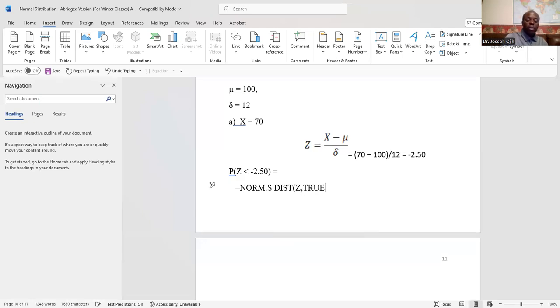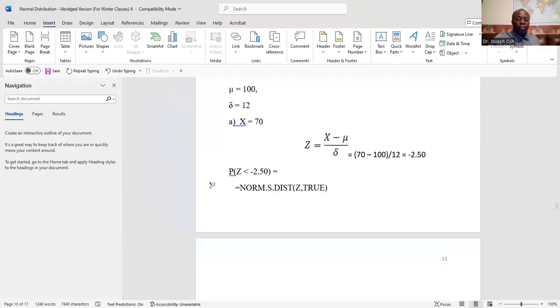That's what you're going to use. Alternatively, you can use a table, draw the chart, and use a table to figure this out. So let me write this number down: less than negative 2.5. So it's a left tail. Negative 2.50. Okay, let's do this.